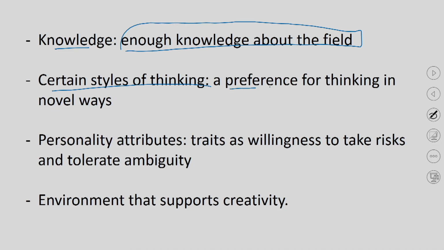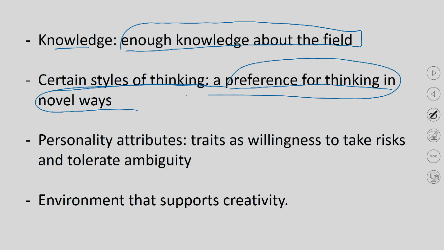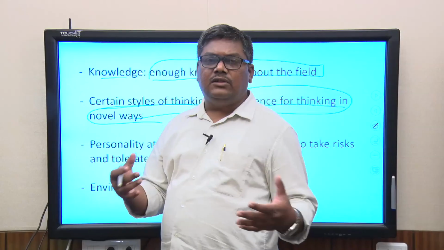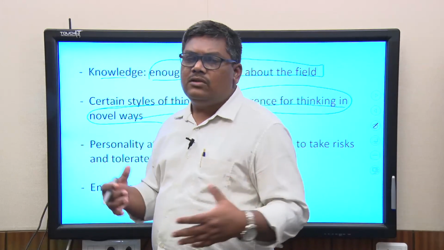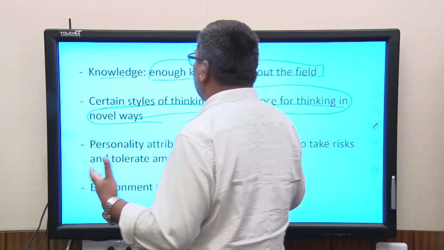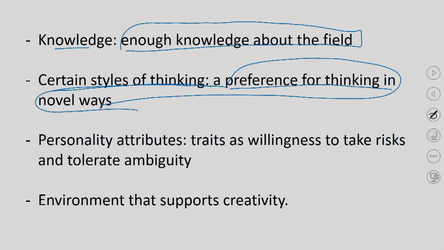Creative styles of thinking, a preference for thinking in newer ways. So, people who are creative can start thinking of problems in newer ways, can tolerate something called absurdities, can tolerate something called uncertainties, and so they can start thinking in a number of ways which is not acceptable to the present knowledge domain. And personality attributes such as willingness to take risks and tolerate ambiguity.